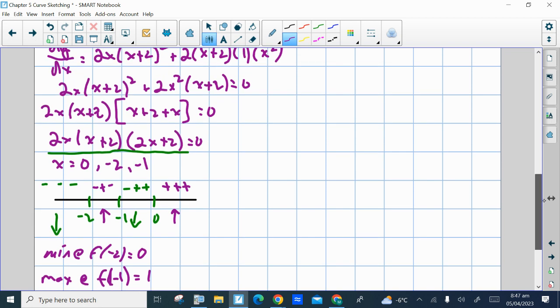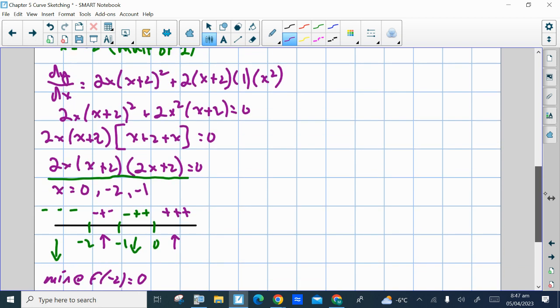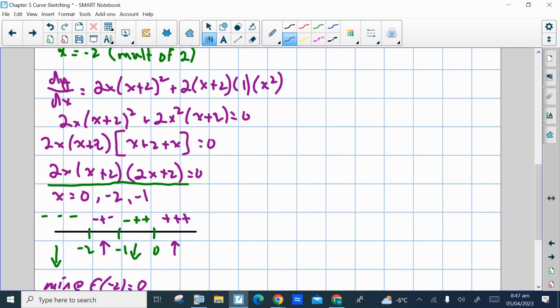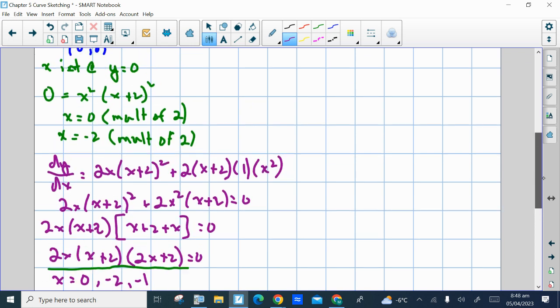So now we need to find our second derivative so that we can find concavity and any points of inflection. To do that, we would want to multiply out the factors that we have for the first derivative, because right now we have 3 factors. So it would be best to multiply it out.